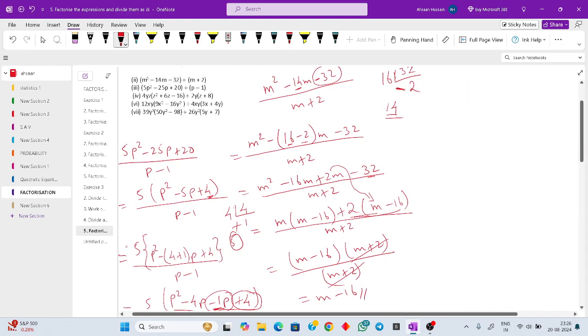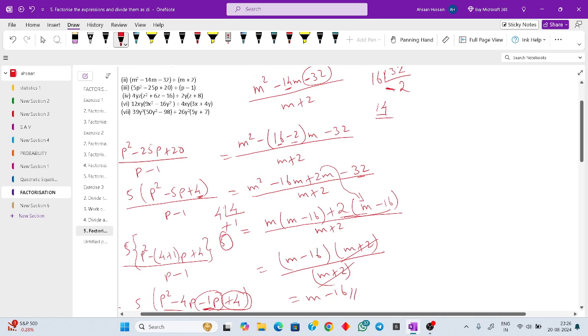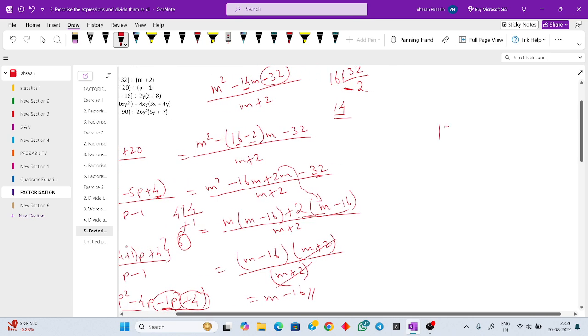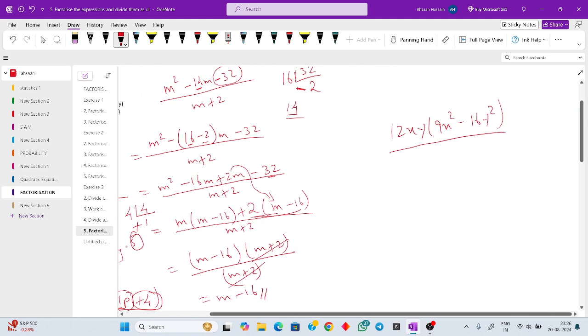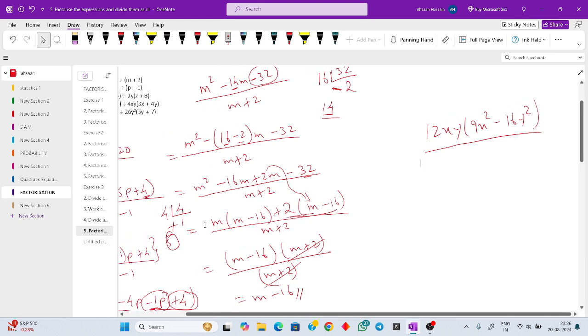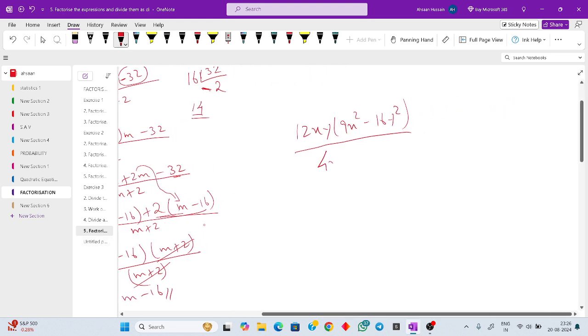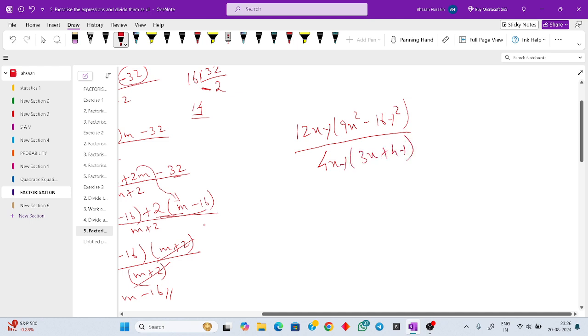Okay, the next question is 12xy(9x square minus 16y square) divided by 4xy(3x plus 4y).